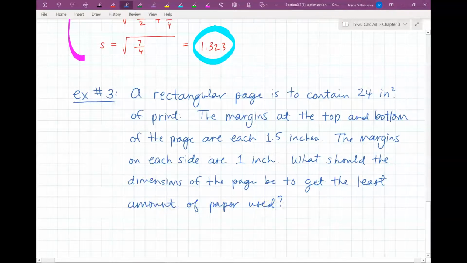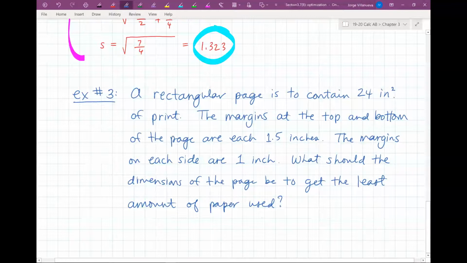So you have a rectangular page that's going to contain 24 square inches of print. They're only going to print on 24 square inches of a piece of paper. If you got an 8.5 by 11 piece of paper, and they tell you to print on it so that you get 24 square inches, you can make it a 4 by 6 rectangle, or a 3 by 8.